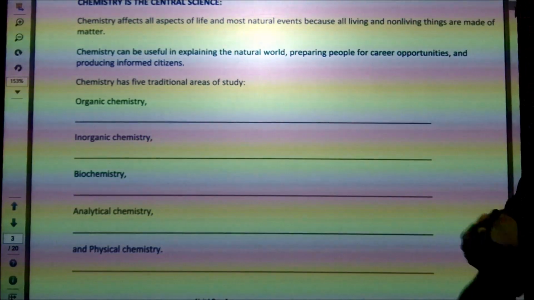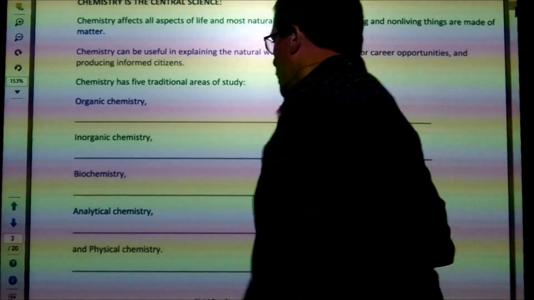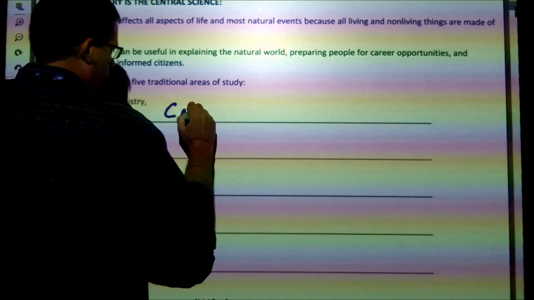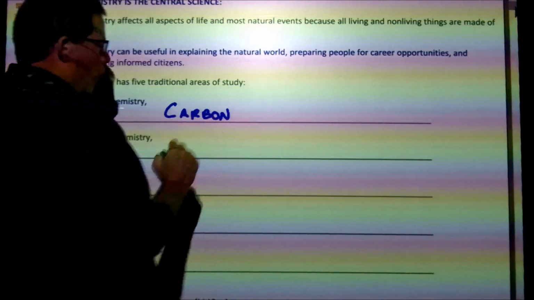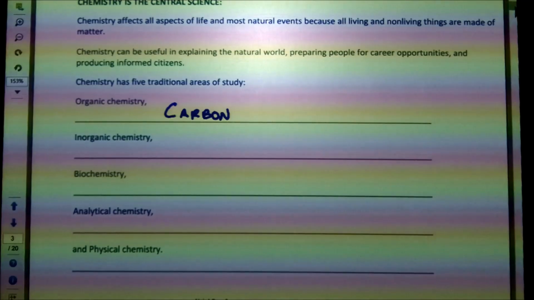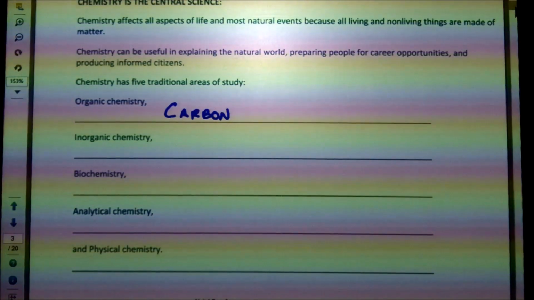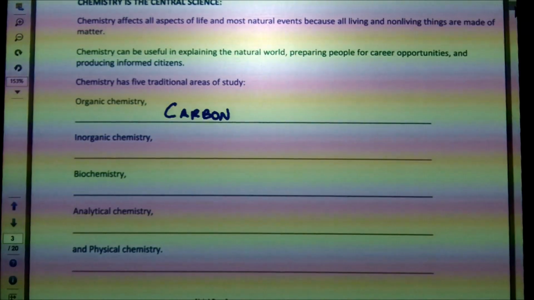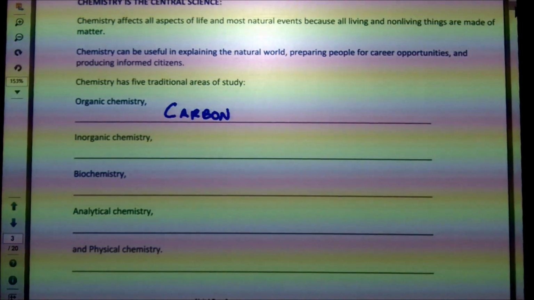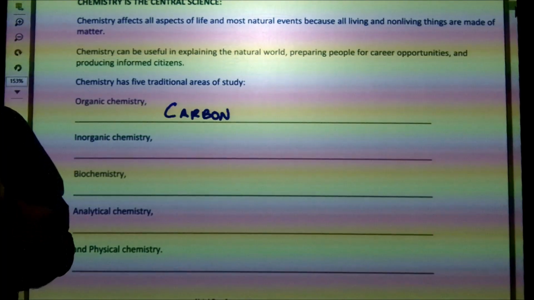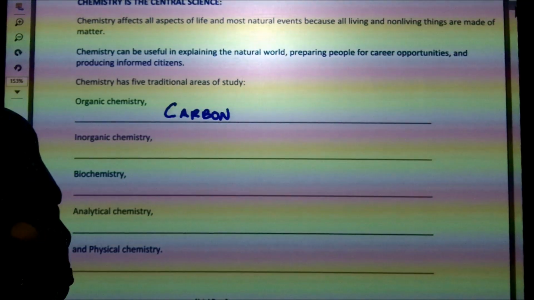And organic chemistry, and I have blanks here, organic chemistry is a study of carbon. Okay? So when you get into organic chemistry, and I hate to say this out loud, but organic chemistry for most of you will be the most important chemistry you ever take.